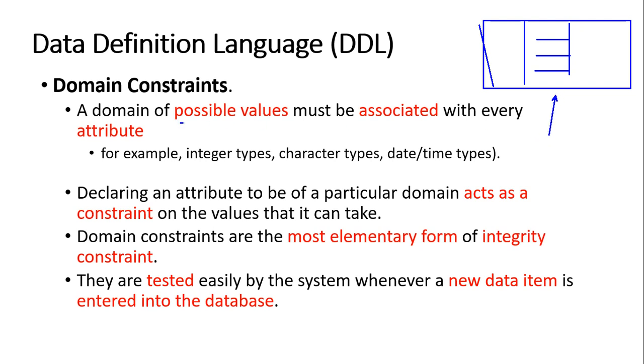All the possible values a particular attribute can take is called the domain of the attribute. I'll give you the simplest example. If these are the states of India, and these are called the city of India, so you are putting all the cities of India here.